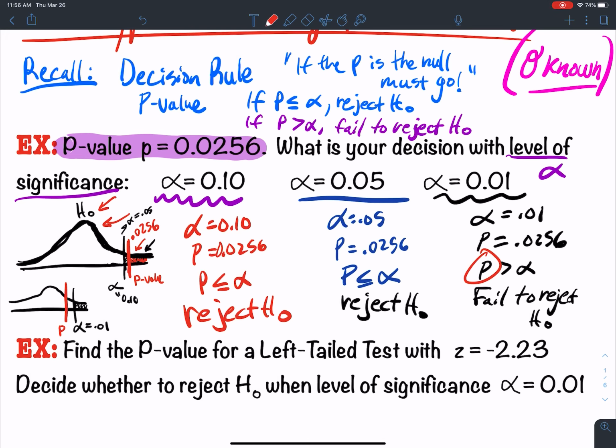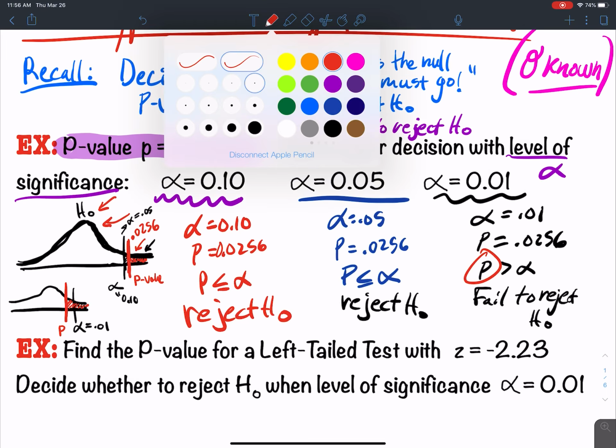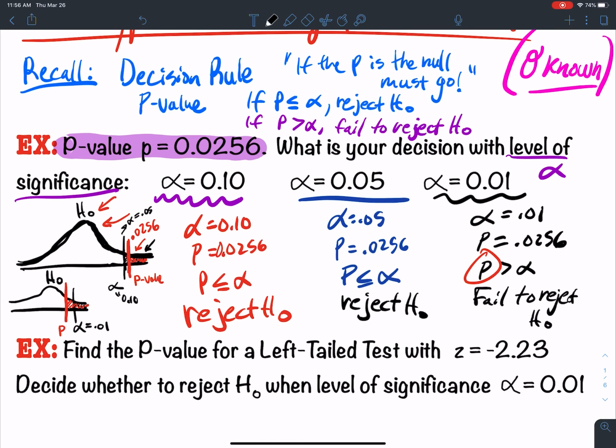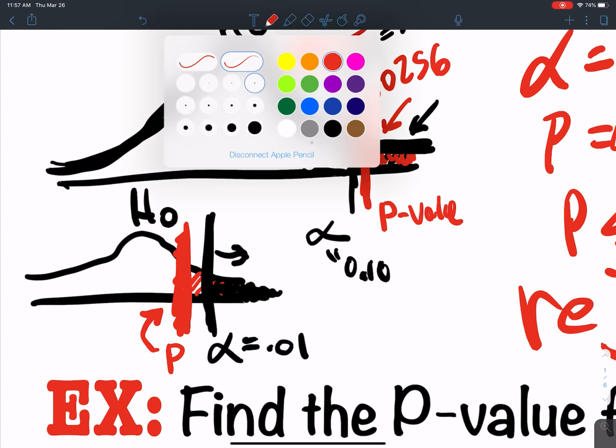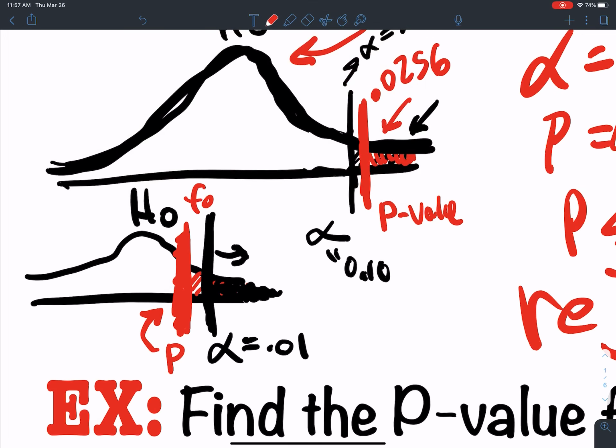If the H0 is this distribution, and my cutoff point is everything to the right over here, anything over here, it's like, man, that H0's lying. But if I'm over here in this region, well, maybe the H0's lying, but maybe it's not lying. So I fail to reject.